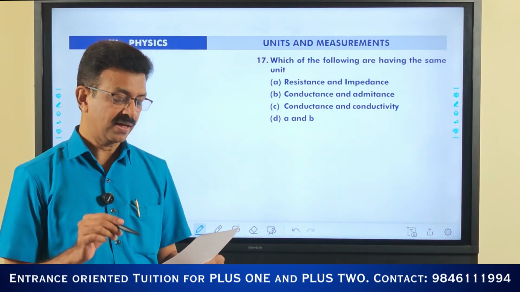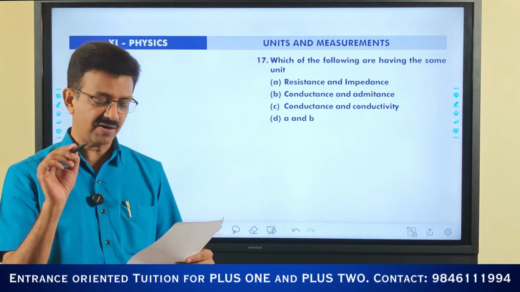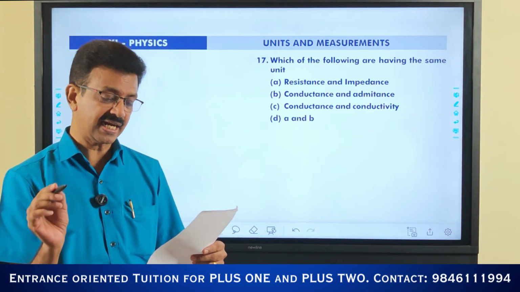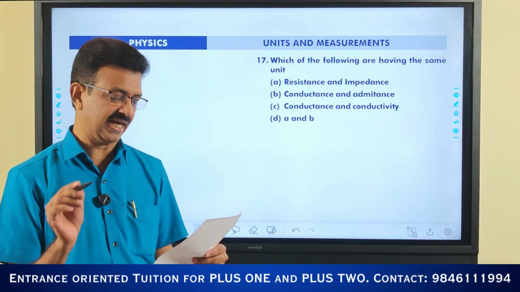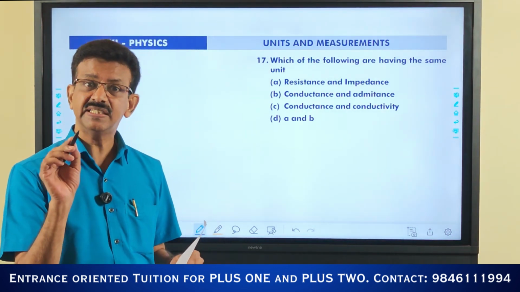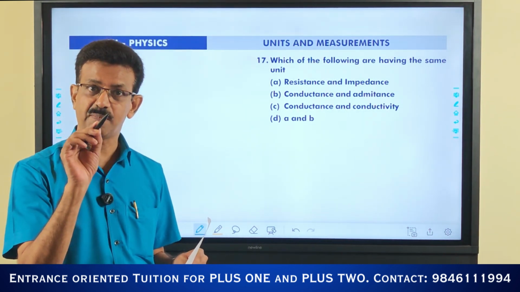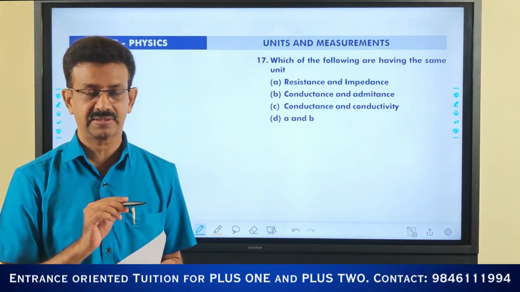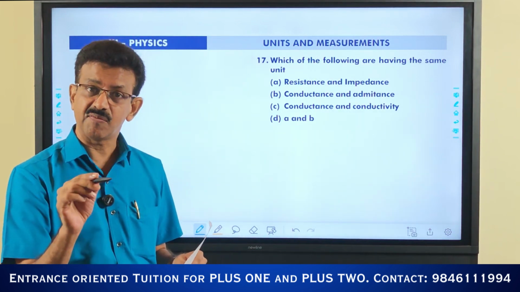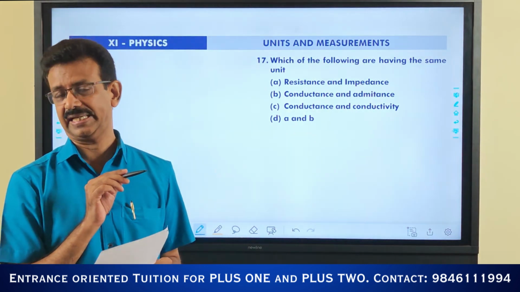Next question is, which of the following are having the same unit? Choices are, I will read one by one: resistance and impedance, conductance and admittance, conductance and conductivity. Resistance and impedance. In a DC circuit, voltage by current gives resistance, V by I equals R, by Ohm's law. But in an AC supply, the net circuit voltage divided by circuit current gives the impedance of the circuit.